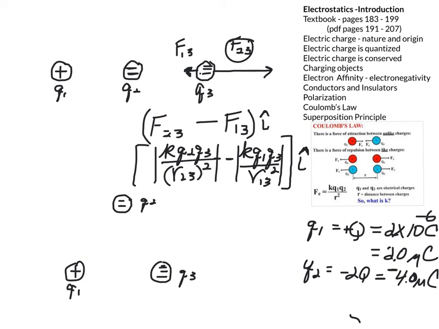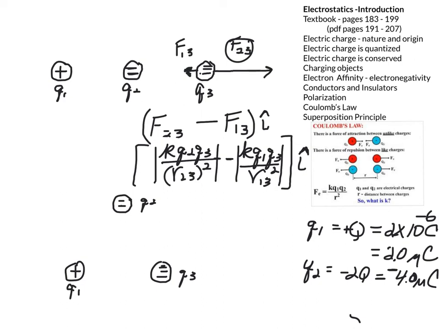And to get this number, I would just use Coulomb's law. I would put in K, Q2, Q3 over R23 squared and take the absolute value, because that could come out positive or negative depending on the signs of these. And then I would find that and subtract it. And I can do this using numbers, but what I didn't give you was the distance.